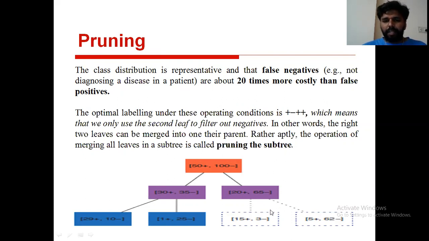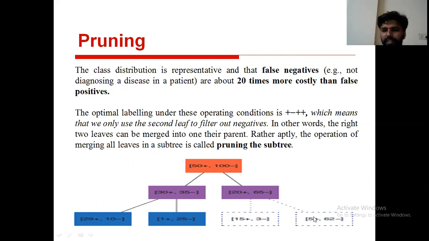When we go for pruning, see what pruning is. The operation of merging all leaves in a subtree is called pruning the subtree. We are not simply removing, right? Whenever we construct leaf segments, if the segments will generate more false negatives, then don't construct such segments.